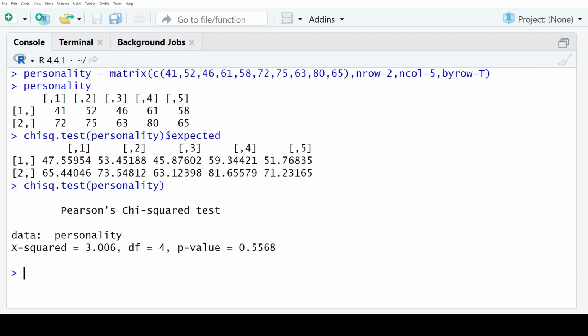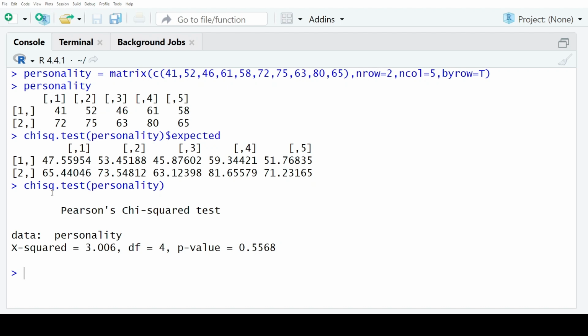And notice it gives us an x squared value like the 2 prop and 1 prop test did. But this time, since we are doing a chi-squared distribution, we want the squared value. So our chi-squared is 3.006. You do not need to take the square root. Our p-value and our degrees of freedom.